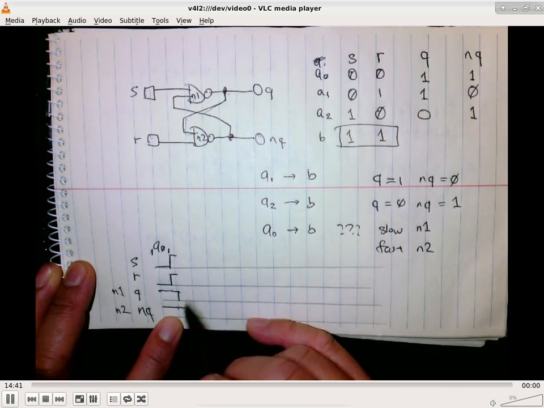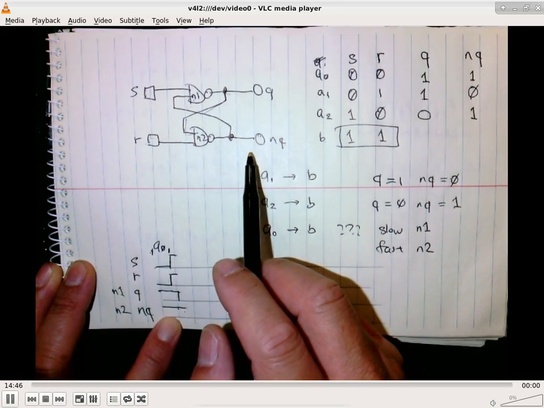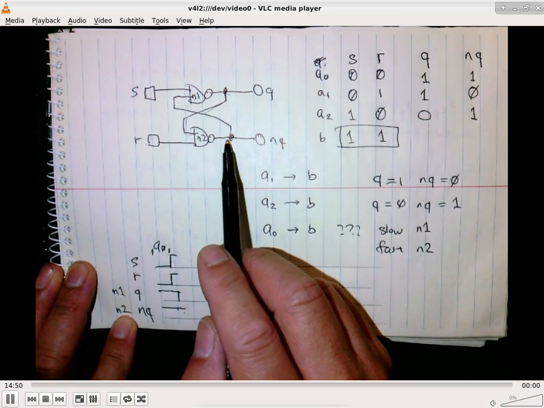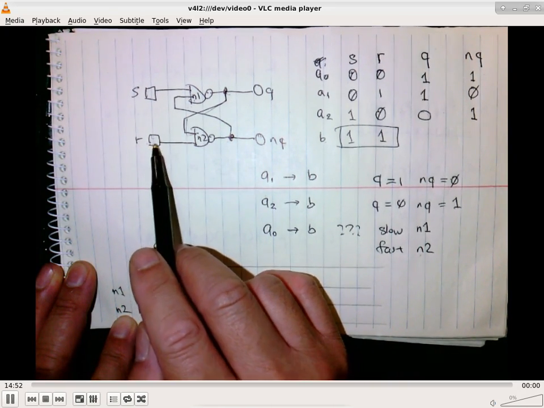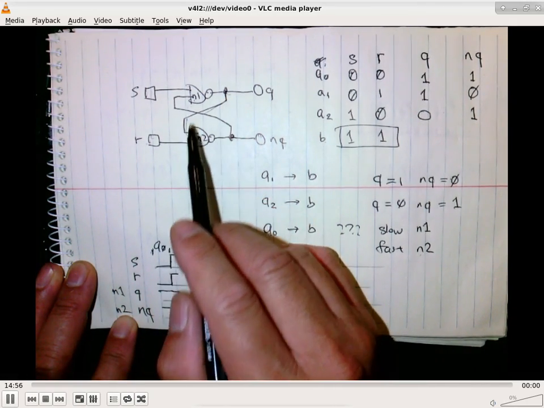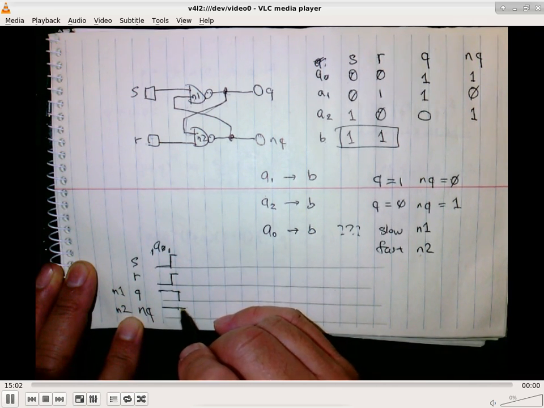NQ is the fast one to respond because N2 is faster. So this one will see the change from R quicker, and then the other one is a 1 already. So that's why N2 is the one that will change first.